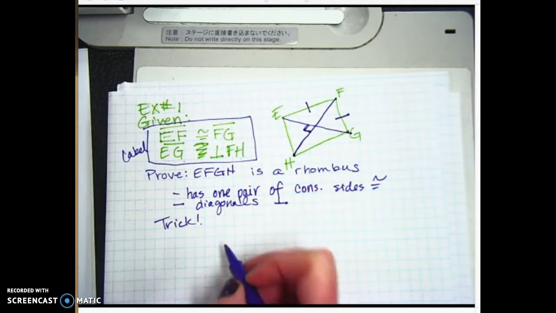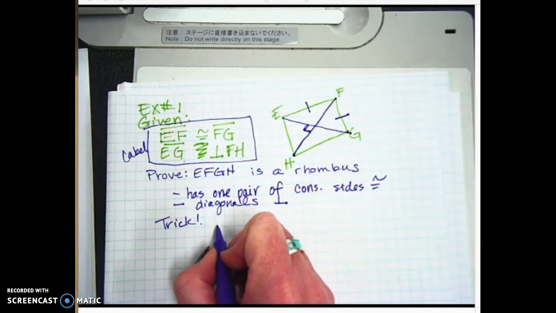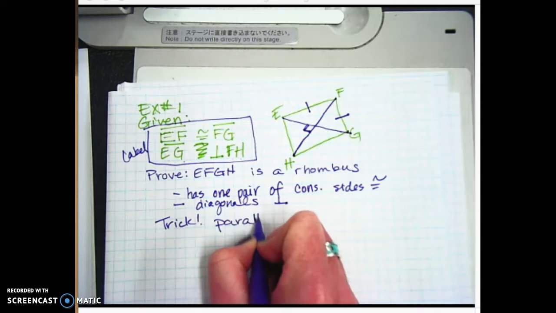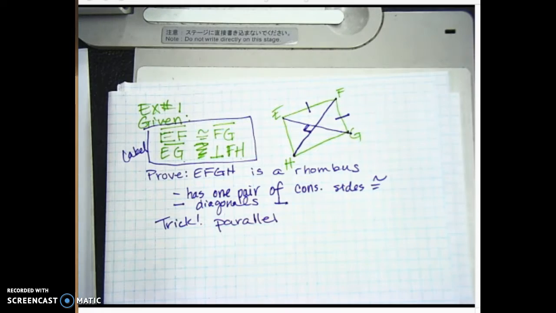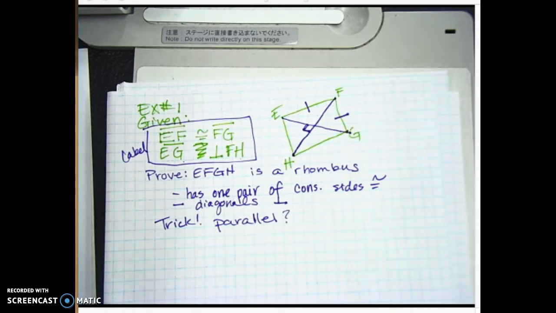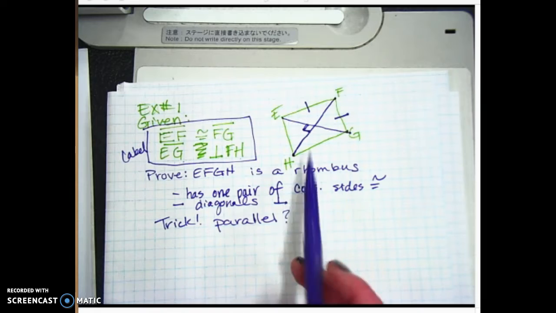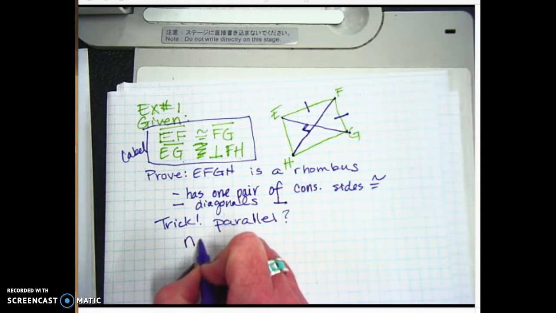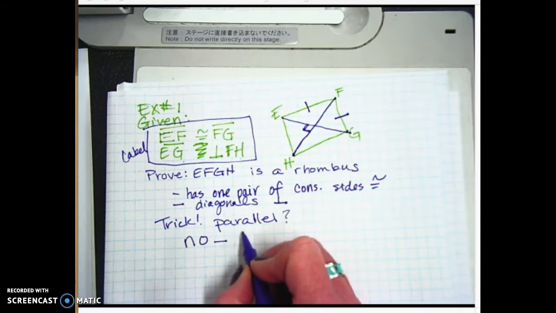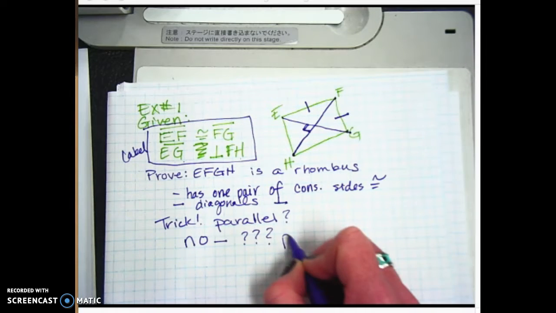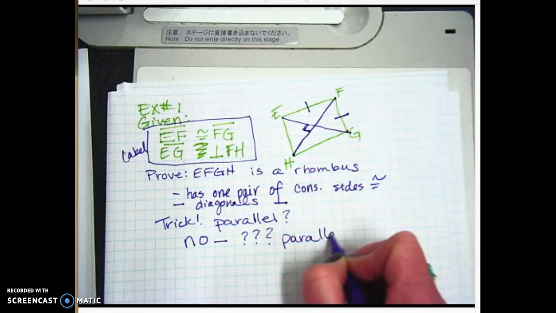Why? Because it doesn't tell us anywhere that the opposite sides are parallel. Just didn't give us that information at all. And so it looks like it's going to be a rhombus, but we actually have to say no on this one because we don't even know, question mark, question mark, question mark, that it's even a parallelogram.